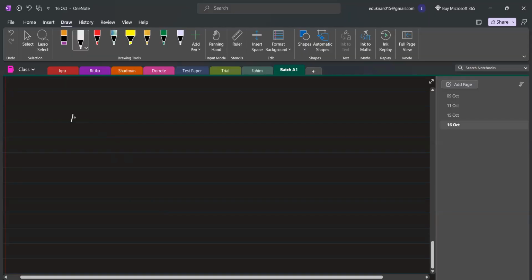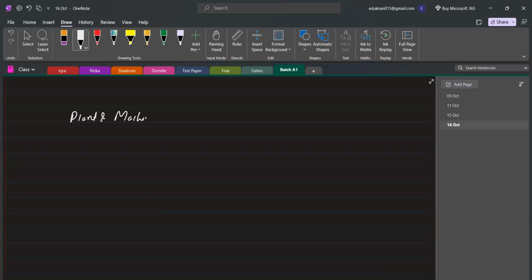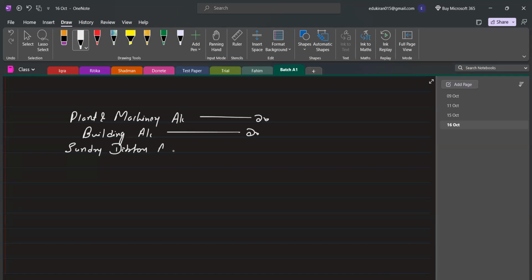So it is plant and machinery account debit 4 lakhs, and then building account debit 4 lakhs. Then sundry debtors 3 lakhs, after that stock account. Stock is 4 lakhs. Cash 3 lakhs.